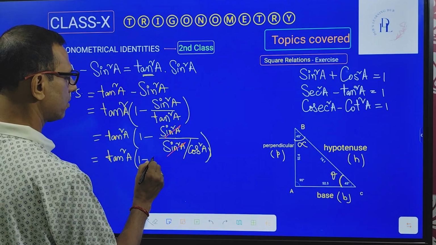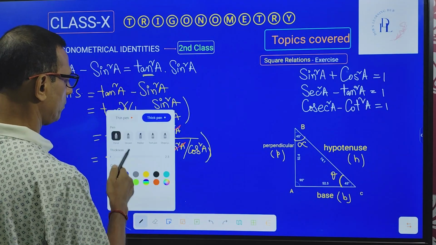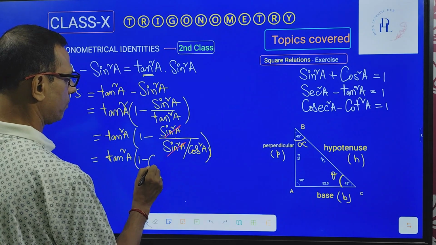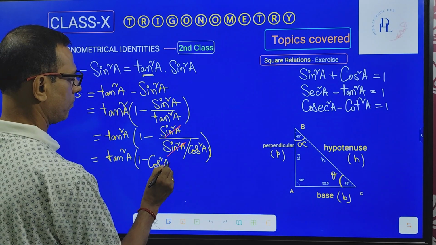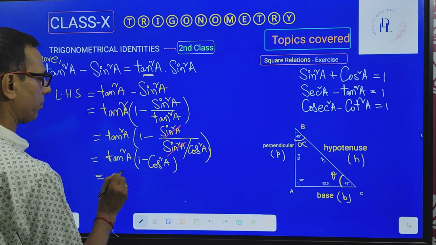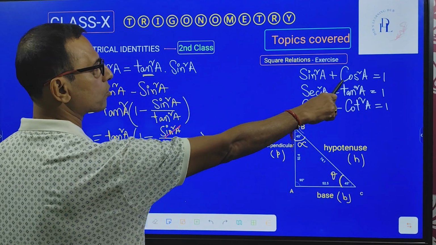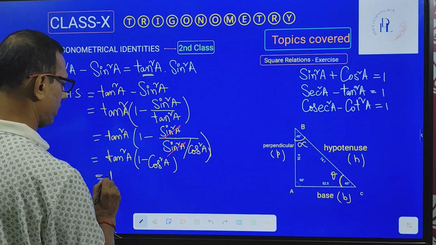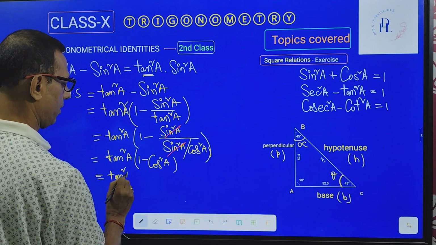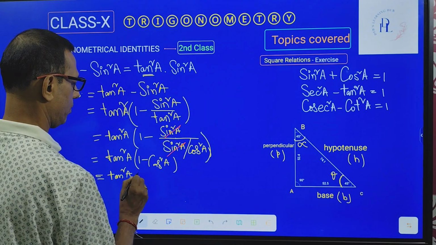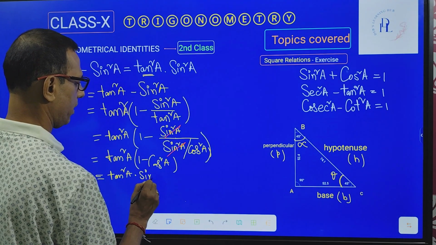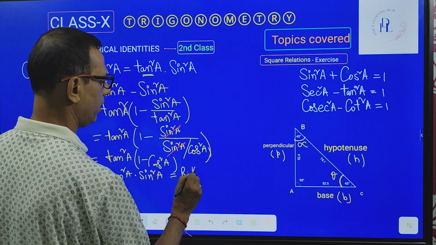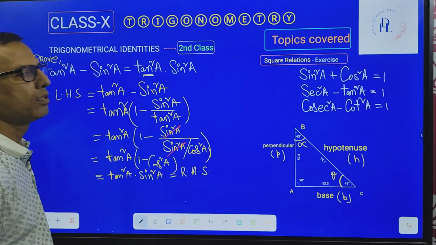So 1 minus cos square A. Now you know sin square A plus cos square A equals to 1, that means 1 minus cos square A means sin square A. So tan square A into sin square A, that is equals to RHS, right hand side. Proven.